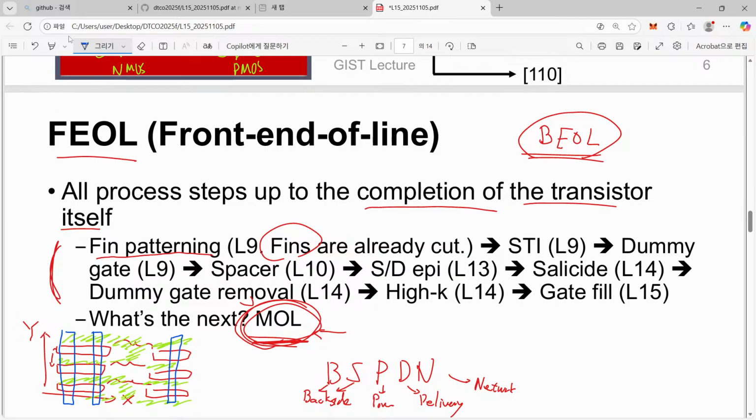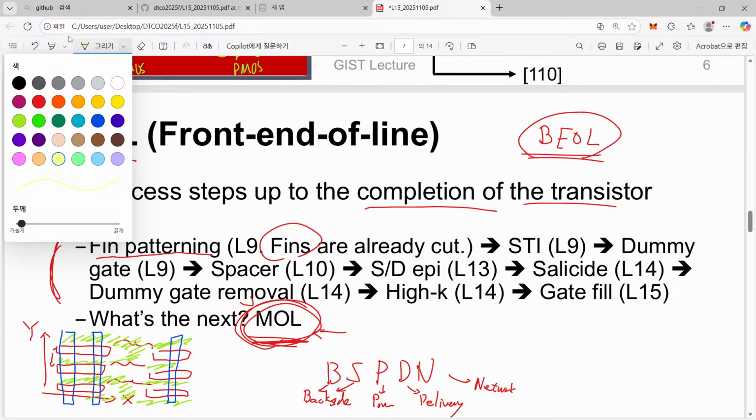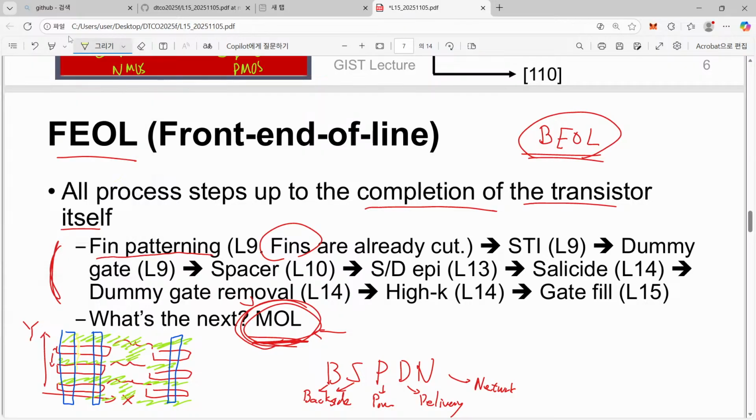After that, we introduce spacers nearby here and here, because these spacers are introduced to separate source and drain and gates. Without this, they can just be shorted. Then now we have a small space between these two spacers, and inside this we introduce source drain epi.